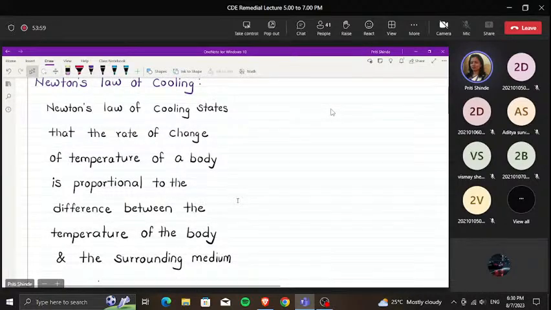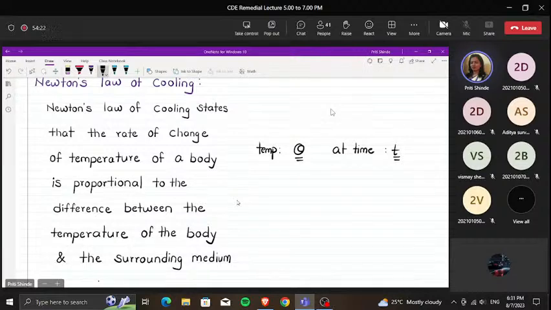This is the statement of Newton's law of cooling. Suppose your body temperature is theta. Theta denotes the temperature of the body at time t. So theta denotes temperature and t denotes time.